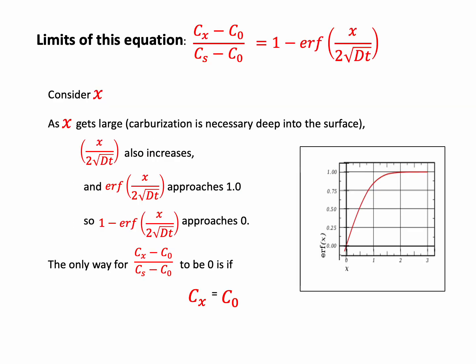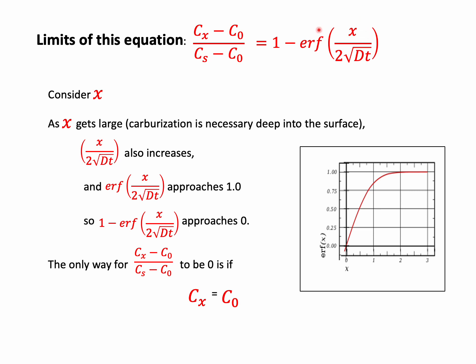Okay, so let's talk a little bit about the limits of the equation. First of all, here's my equation again. I'm going to think only about what happens if I change x. What happens if I change the depth to which I want to get a certain amount of hardness. If I increase x, that just means I want the hardness to be deeper into the steel. So if I increase x, we know that x over 2 square root Dt would also increase. That's what it says here.